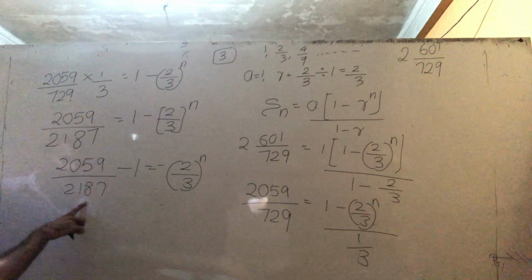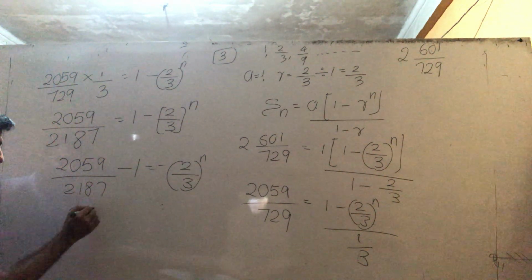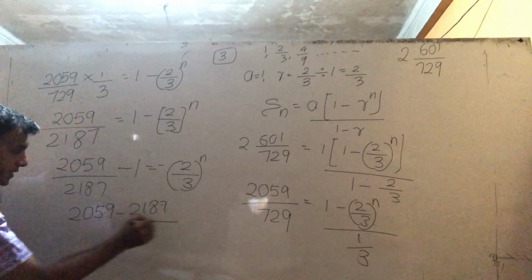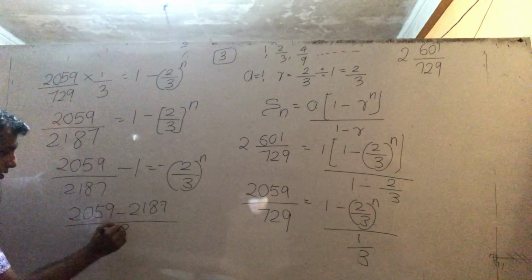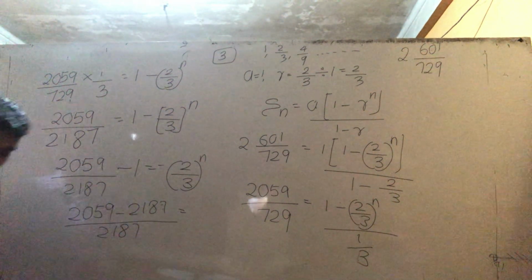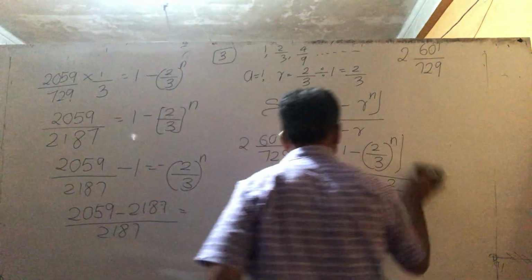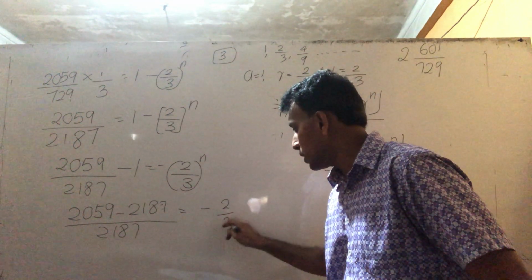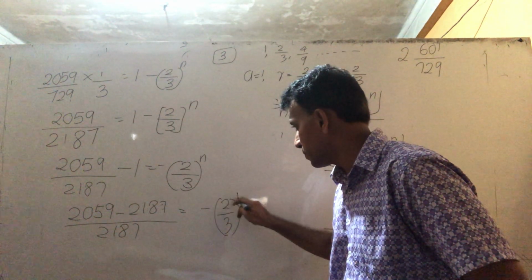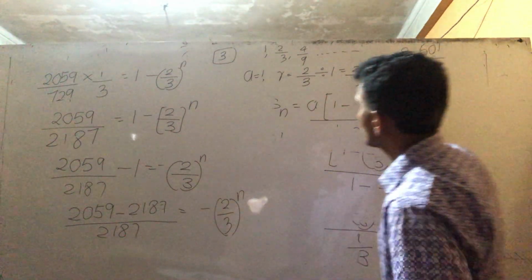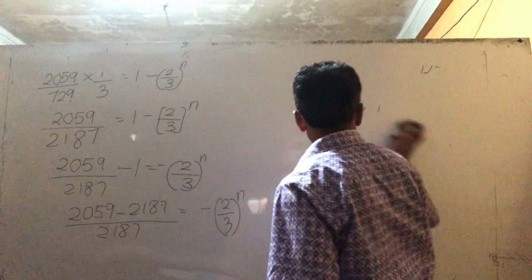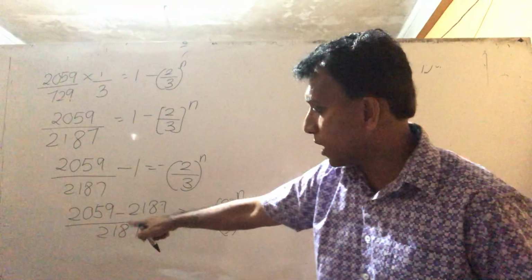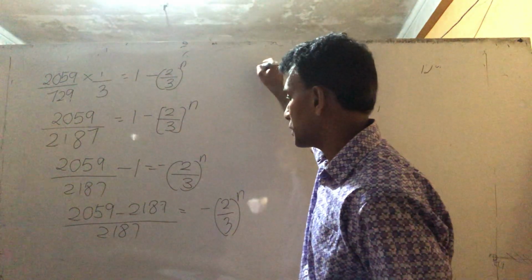Now using this LCM simplified, 2059 minus 2187 over that total LCM, that side, minus 2 over 3 completely power n. Okay, so now simplify here. The negative answer, the large number subtracted, therefore minus answer.